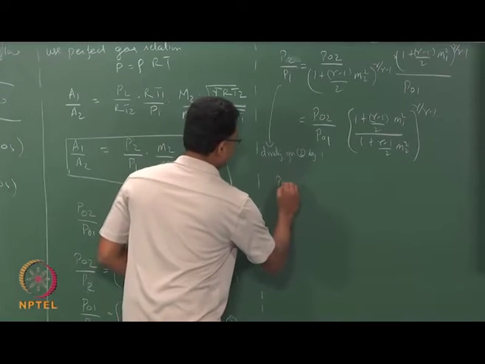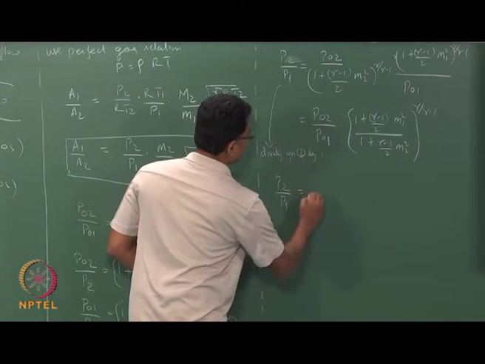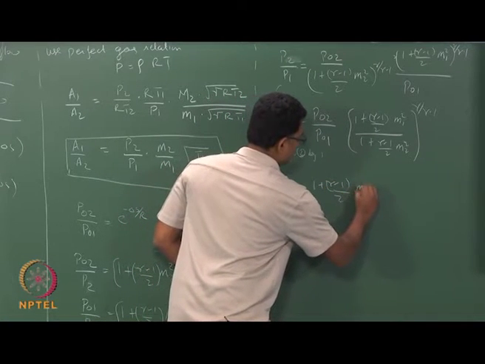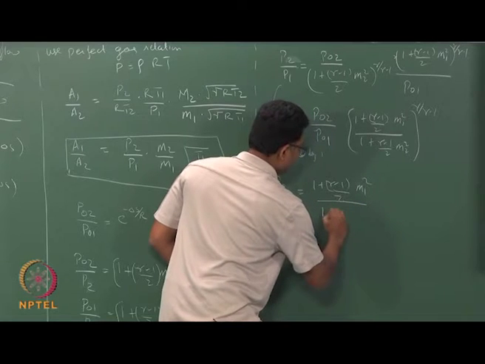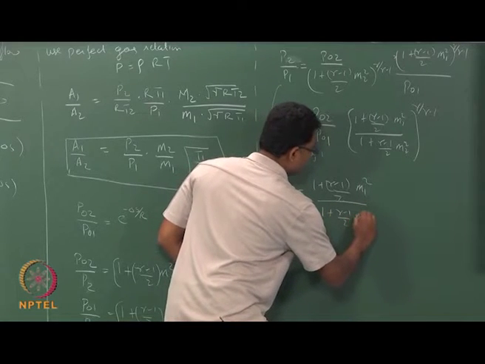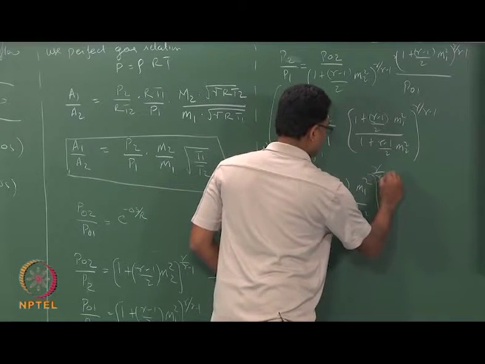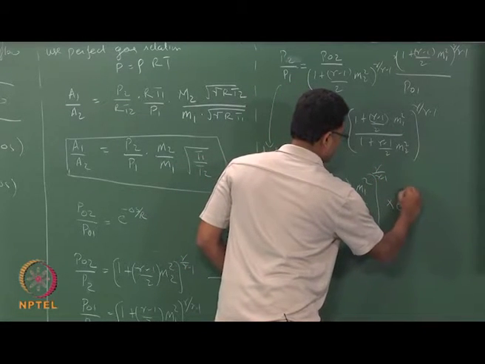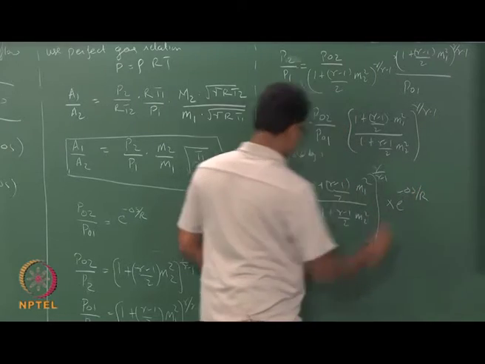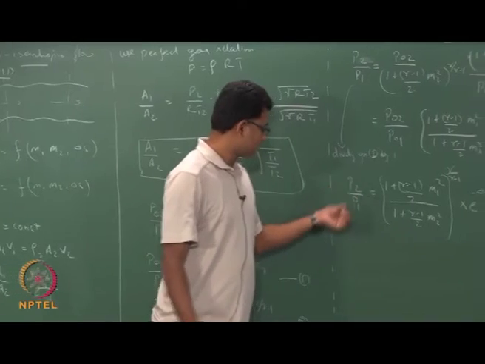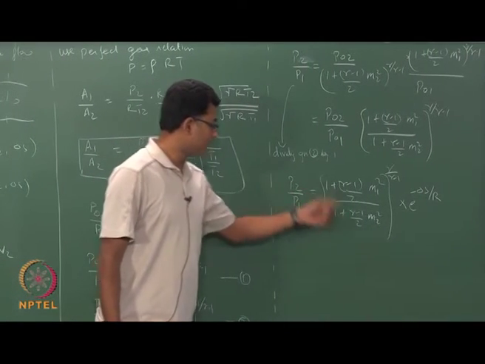So, my P2 by P1 is 1 plus (gamma minus 1) by 2 M1 square divided by 1 plus (gamma minus 1) by 2 M2 square to the power gamma by gamma minus 1 into e power minus delta s by R. So, this is the pressure ratio P2 by P1.